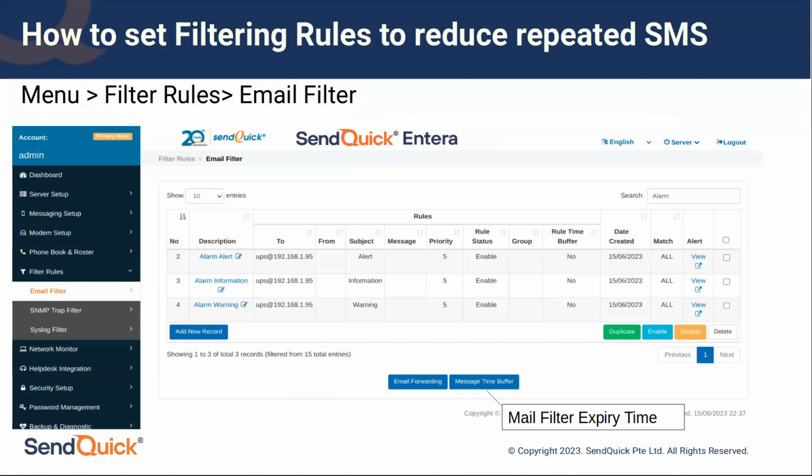Sometimes if there's any outbreak or anything, you will receive a lot of SMS coming to SendQuick. So these are the filtering rules to reduce repeated SMS. Another topic I will touch on is the mail filter expiring time that will help to reduce a lot of SMS sending in and repeated rules.